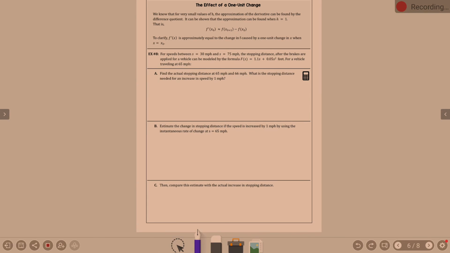So, actual stopping distance for 65 and 66 miles per hour, we need to find f of 65, right? Which I can write out as 1.1 times 65 plus 0.05 times 65 squared. I don't know if I really need to write that out, because if I say f of 65, you understand that that's plugging 65 in, yes?